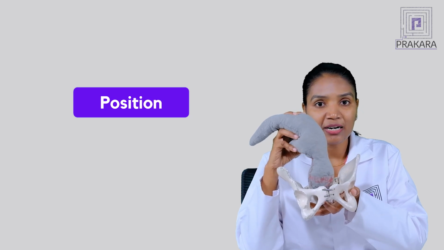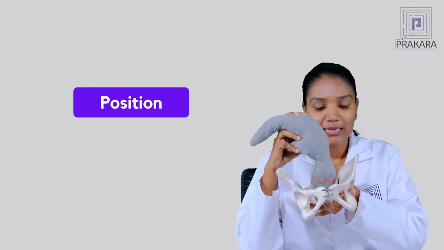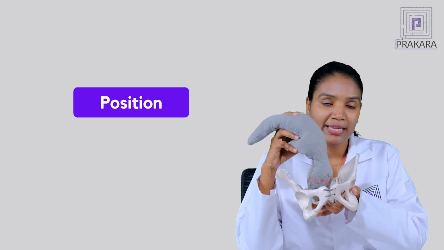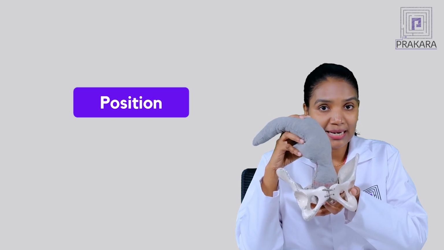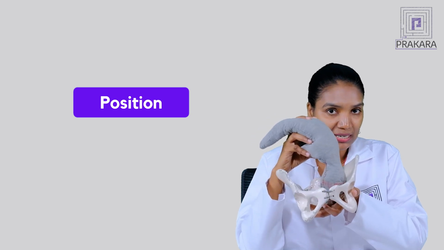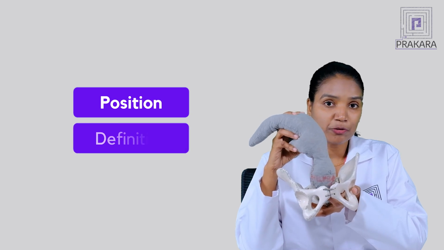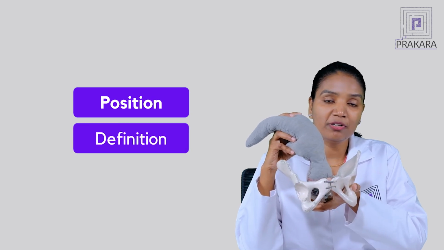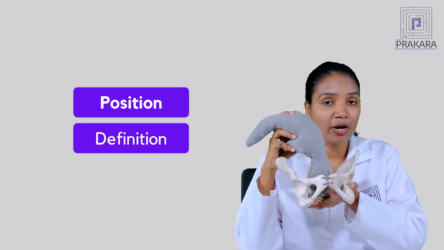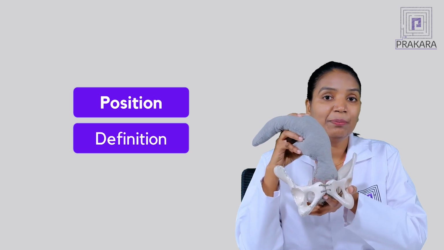Next, importantly, we should consider position. Position is very different in relation to the lie of the baby. If the baby is in a longitudinal lie, is it towards the right side or left side? Position is the relationship of the presenting part, the denominator, to the maternal pelvis.